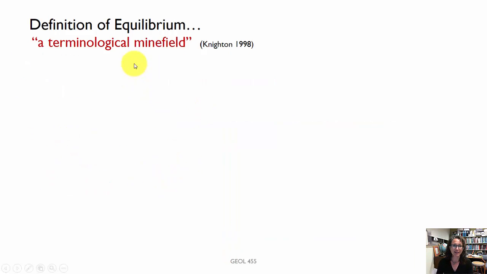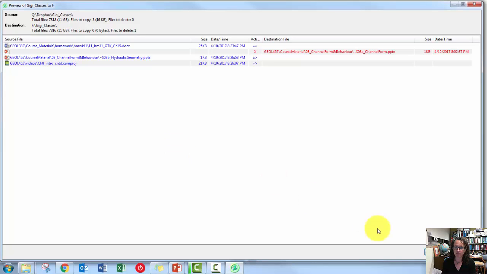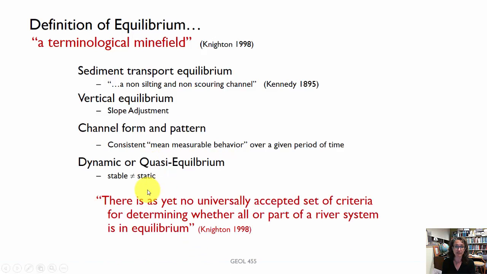Right, so back to this notion of equilibrium. We can define equilibrium numerous different ways: non-silting, non-scouring, whether it's adjusting its slope, whether it has consistent mean measurable behavior over a given period of time, or whether it's just stable in some sort of dynamic or quasi-equilibrium.